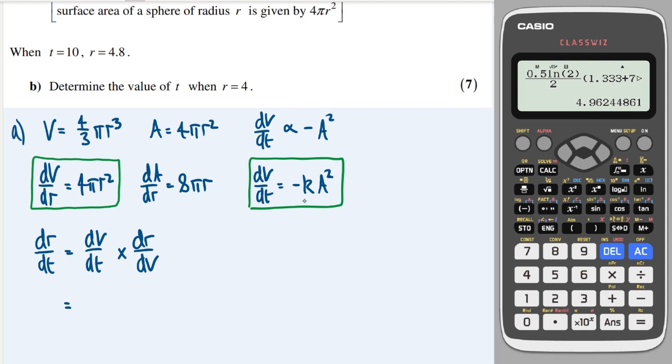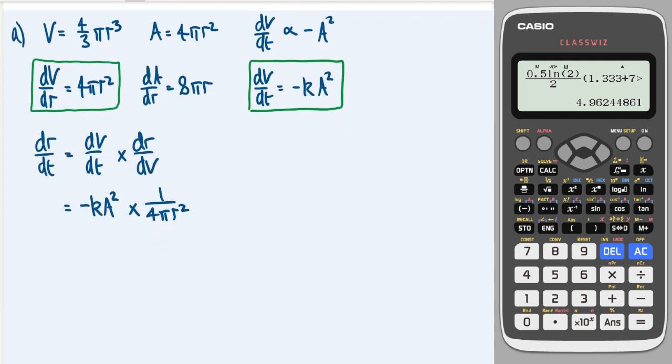Okay, so dV by dt we said was minus kA squared, and we said dr by dV is the reciprocal of that, so it's 1 over 4 pi r squared. Now A we can substitute in for, so in fact we didn't even need this, apologies, but we do need this, and that is 4 pi r squared times by 1 over 4 pi r squared.